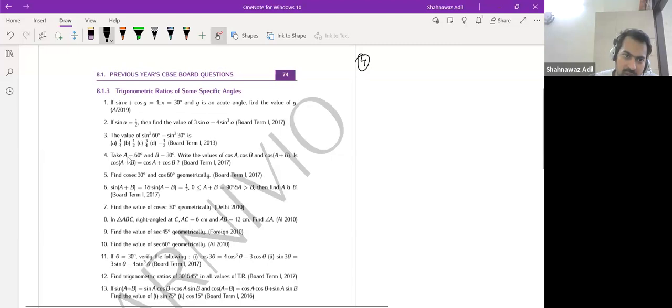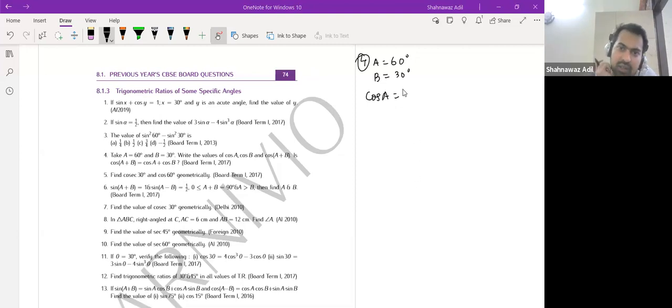Fourth problem: take A equals 60 degrees, and B equals 30 degrees. Write the value of cos A. Did you guys go through that table that we discussed?